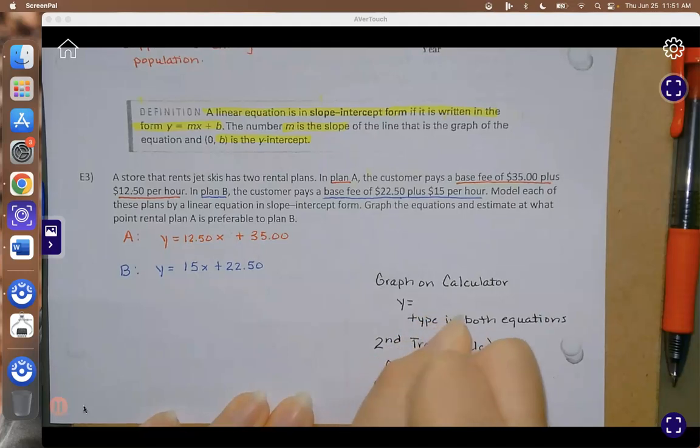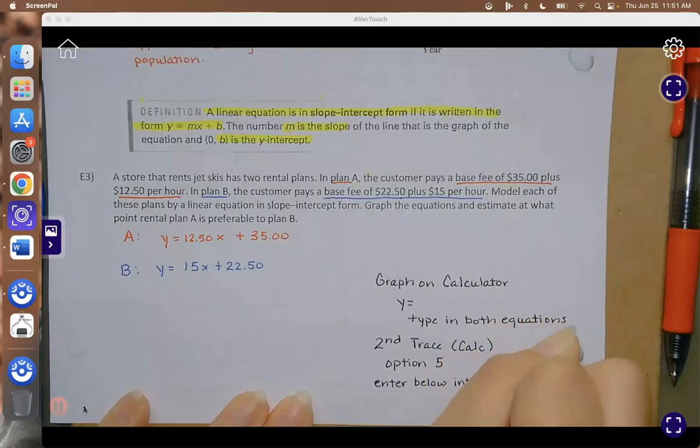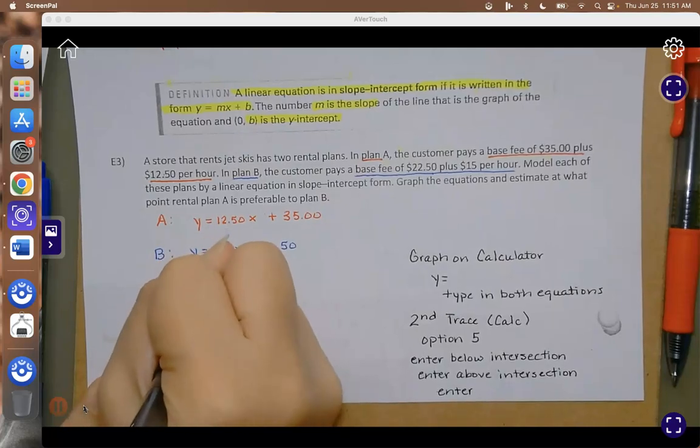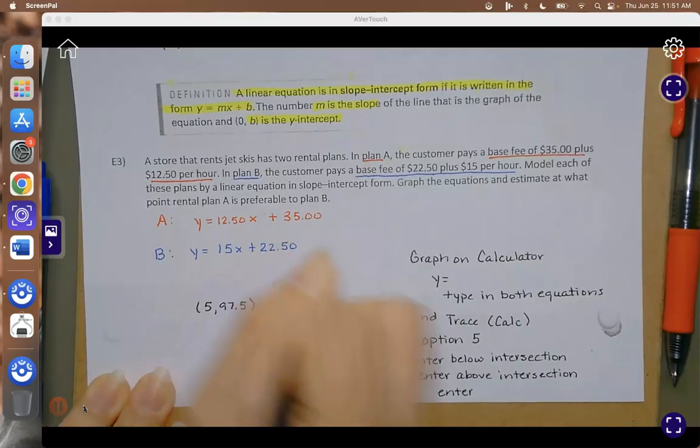Below intersection and enter, above intersection, and then hit enter again. So that intersection is going to be 5 and 97.5.